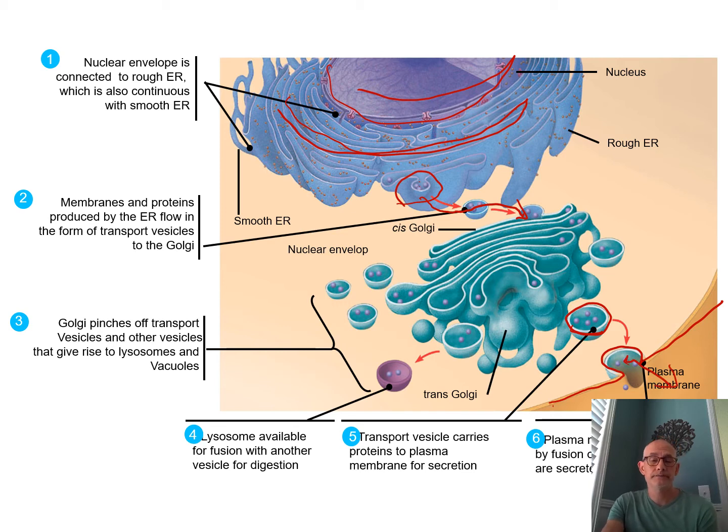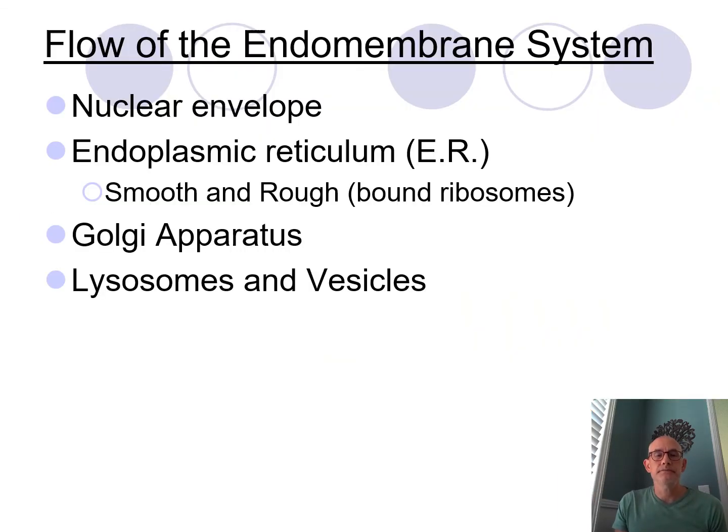This is how your pancreas makes enzymes and then secretes those into the small intestine. This is how your nerve cells make neurotransmitters that then release and then they cross the gap between two neurons to stimulate the next neuron to send the signal on, which we'll be talking about later. So this is your basic flow.